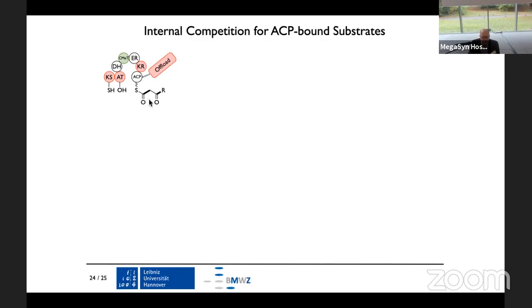And at this stage, this ACP-bound substrate could be the substrate for different catalytic domains. It could be methylated by the methyltransferase, it could be reduced, it could be offloaded, or it could be extended again. And so these catalysts, if you like, are competing for this substrate. Whichever goes fastest is going to win, and it's going to enact its chemistry.